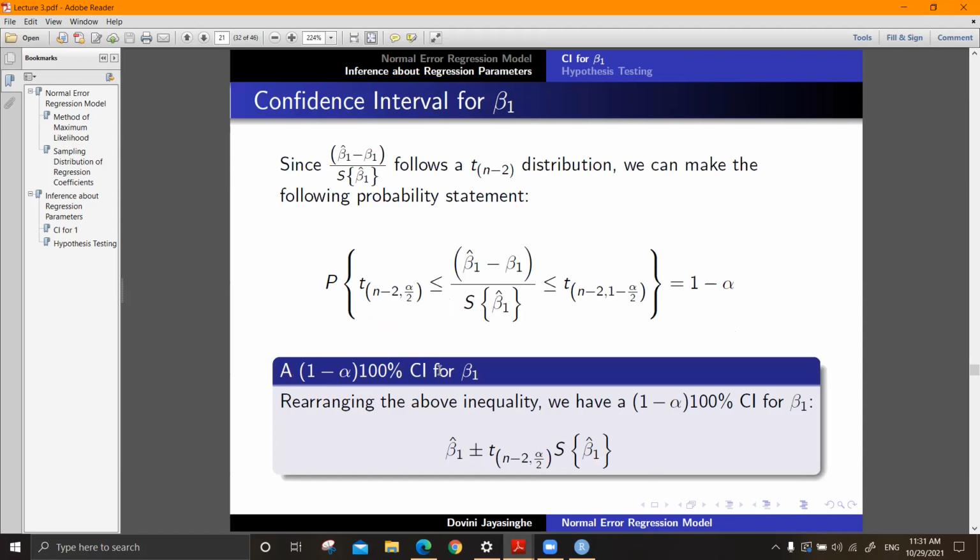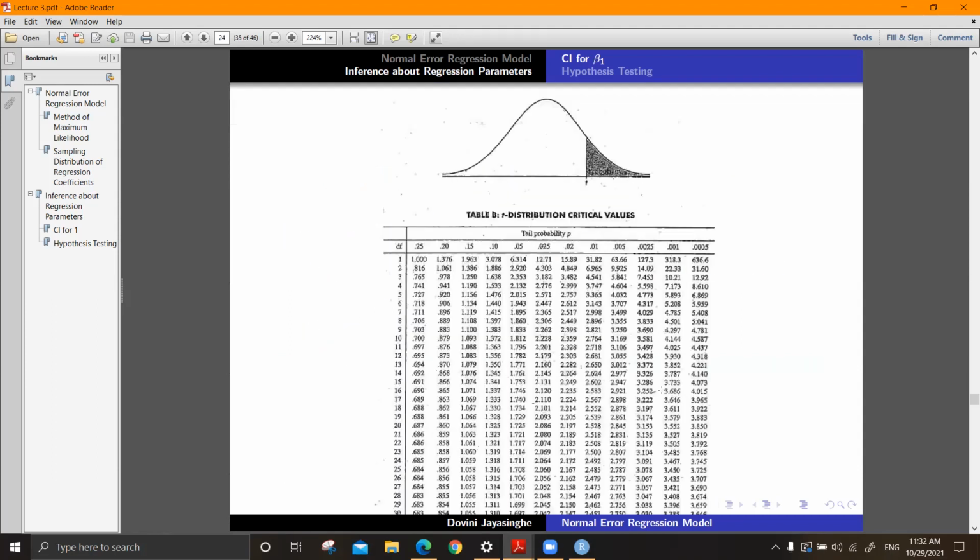The 100(1 minus alpha)% confidence interval for beta 1 is given by this. Write this down first. I can't share a couple of slides together, that's fine. Write this down. This is computed, this one you know, which is 4, right? The estimated model parameter. To compute this one, make use of this table.